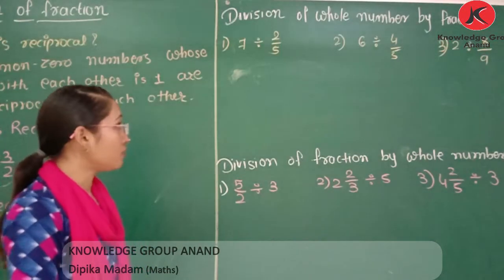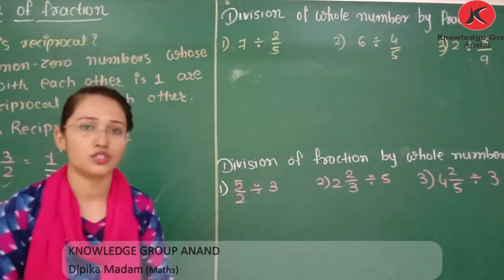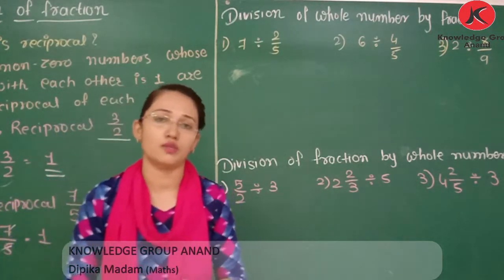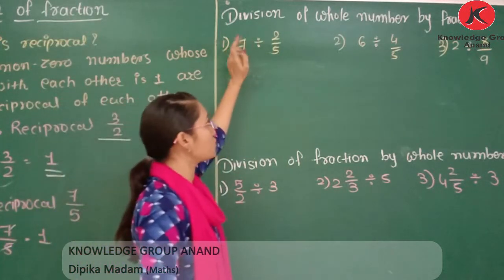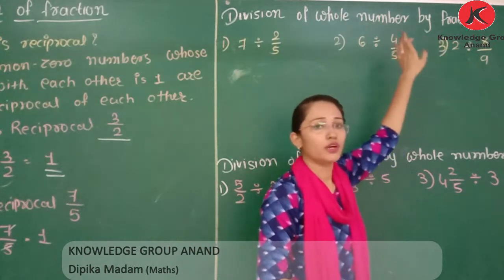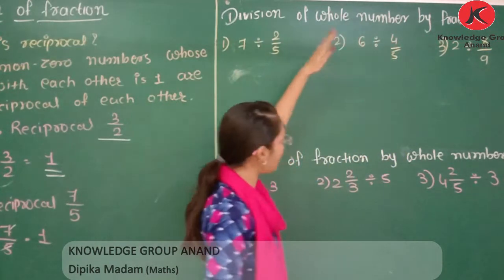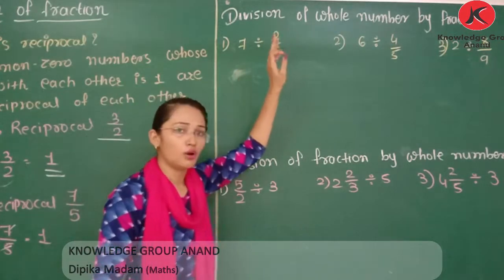So whenever we want to solve an example related to division of fractions, we need to use the term reciprocal. Why? Let's solve some examples. First we will learn division of a whole number by a fraction.